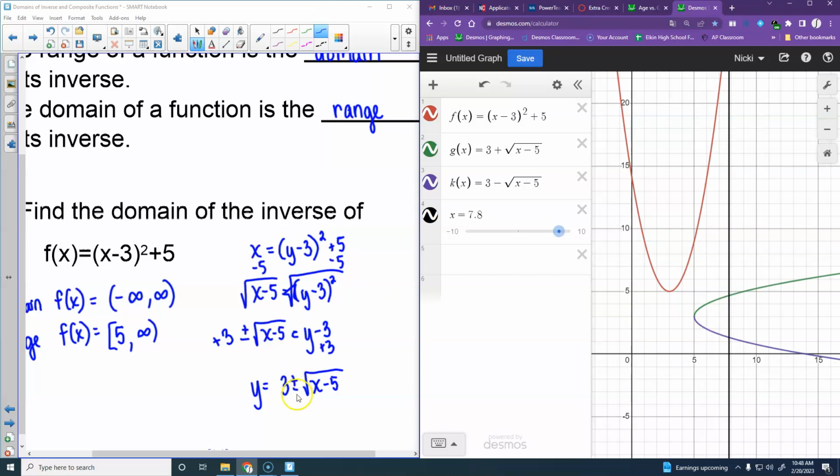So you have to have that plus or minus here, so technically this is not even a function. So many would argue that you have to restrict the domain to even have an inverse here.